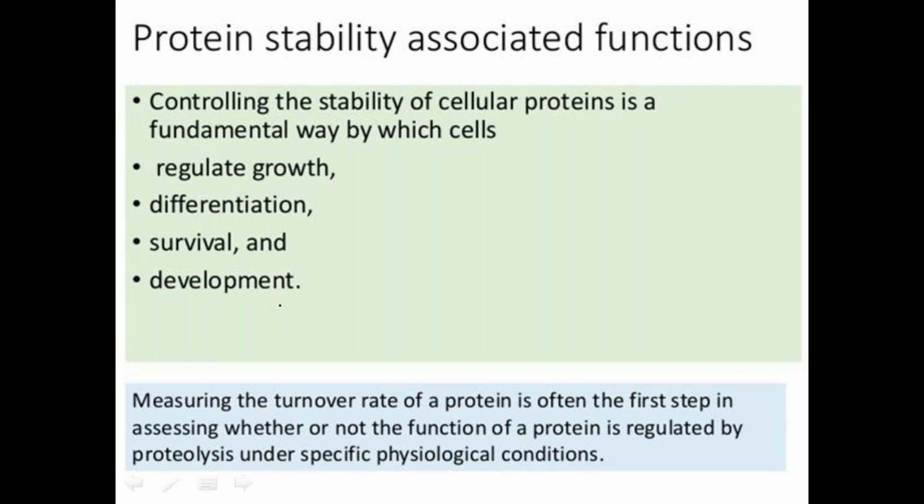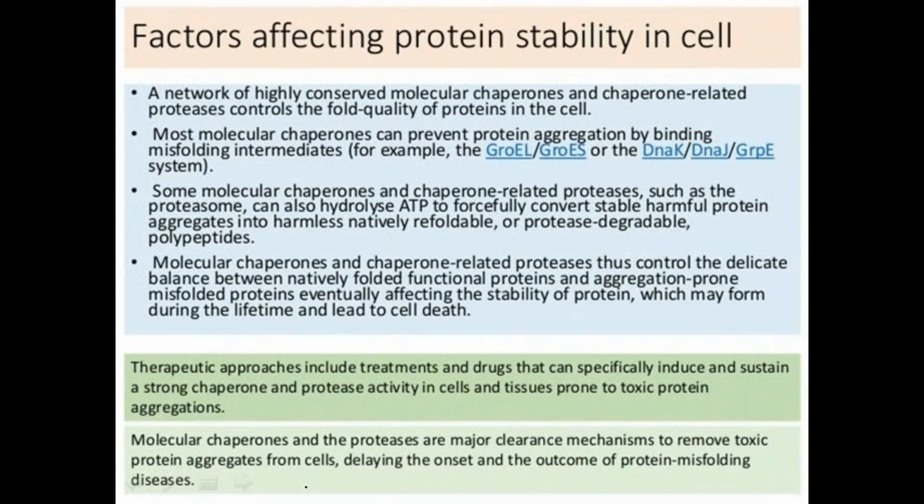That means how many calories are utilized by our body, and that tells about the function of proteins. How many calories of protein are needed, how many calories of carbohydrates and fats are needed, that is telling about the turnover. And that is the critical step for determining the function of proteins.